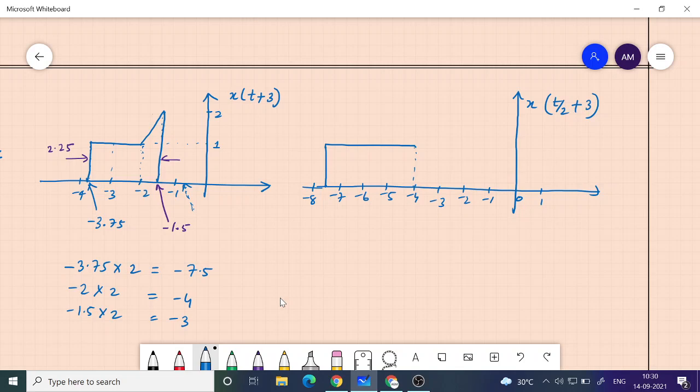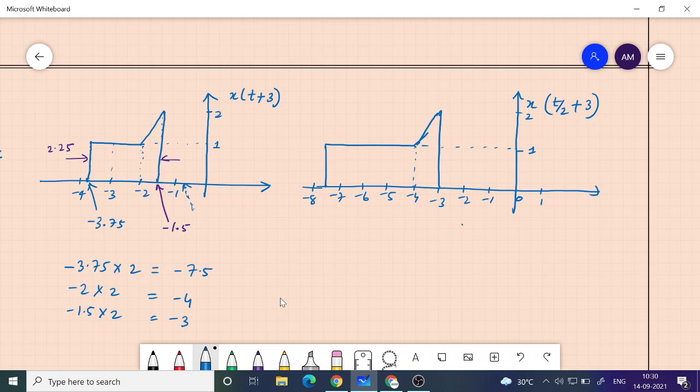So this is my 1, and 2 is somewhere here, and in 1 unit I should go to 2. Clear? What I did is I took all these coordinates where the shape is changing and multiplied them by 2, because I am stretching, meaning widening the width. So every coordinate will be doubled.